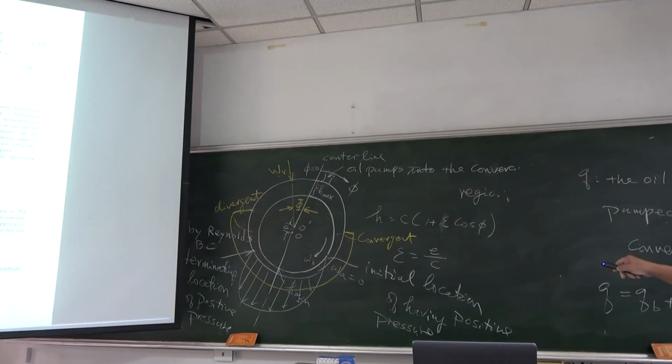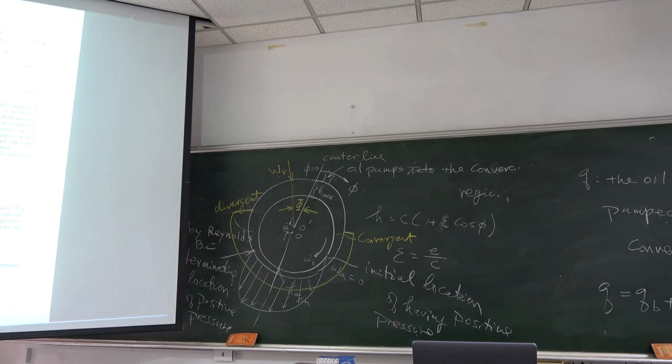If the direction of your WR is known, and you also determine your phi angle, the attitude angle, then you know the position of your H maximum. If the H maximum position is known, then you give your oil entrance very near to this center line. So step by step, determine your right position.